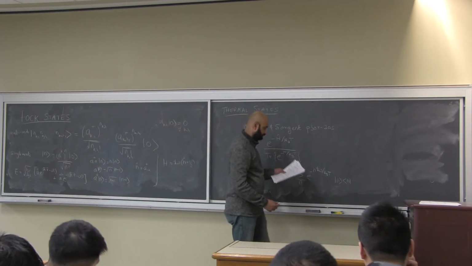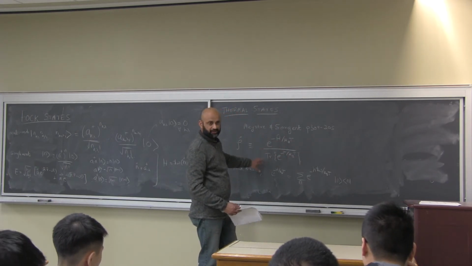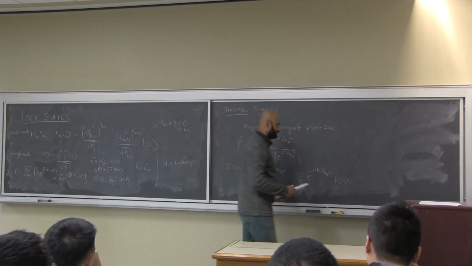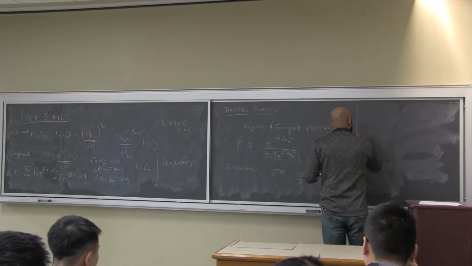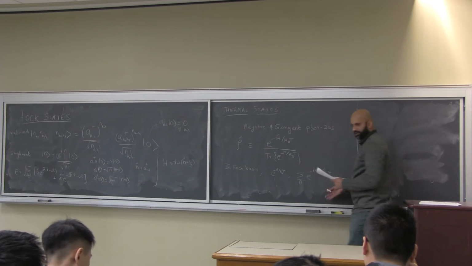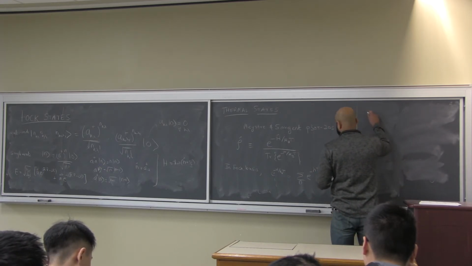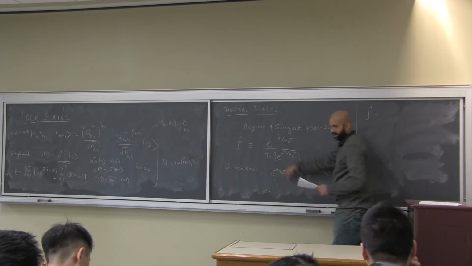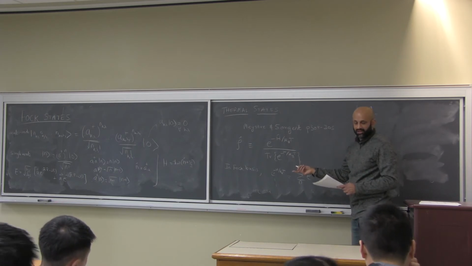So hopefully that is acceptable. I'm not proving the result that the density operator for a thermal system can be written like this. You can look at Meister and Sargent for the more detailed derivation. Okay? But I think this is pretty intuitive for most of you. So for the thermal density operator, you still have to calculate the trace of this matrix, which is easy to do with the geometric series, right?